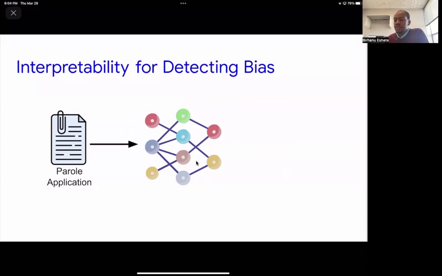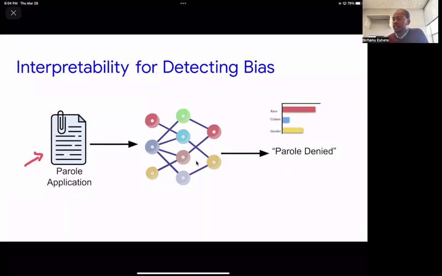So suppose this file over here is the parole application, and we can translate this into, let's say, a feature vector and feed it to the model. And the model would be just a binary classification model, which says parole is granted or denied. So in this case, let's say it just output that parole is denied.